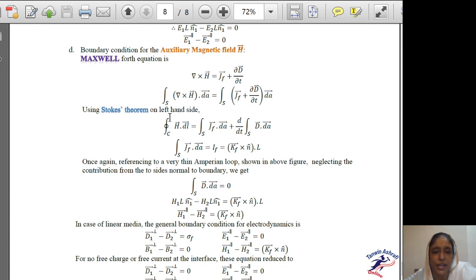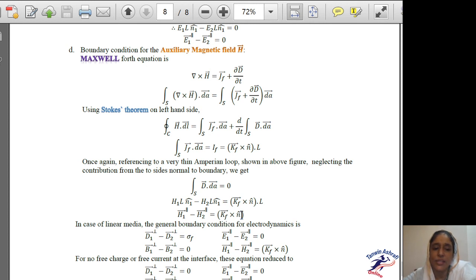Therefore, what results is the integration over a closed path of H dot dl is equal to Kf n cap L. Now, if we write H1 L n1 minus H2 L n1 is equal to Kf n cap L, the L's cancel. We finally get H1 parallel minus H2 parallel is equal to Kf cross n cap.